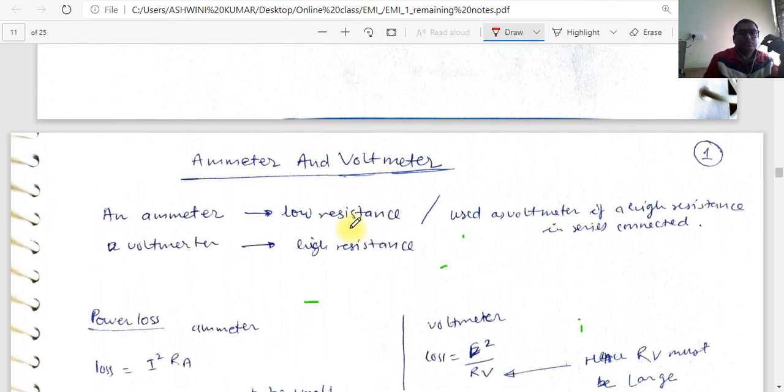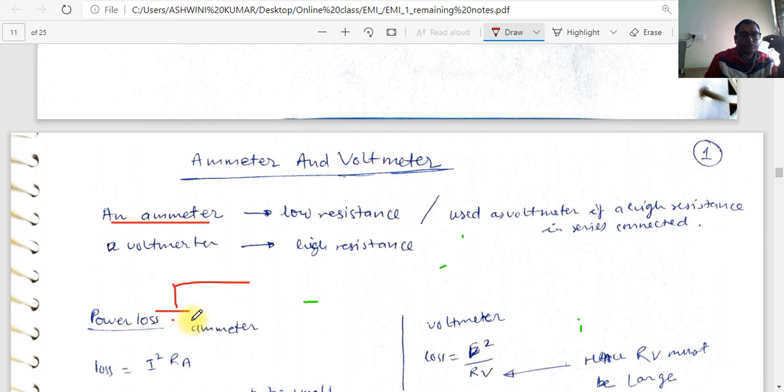Now we will discuss the ammeter and voltmeter. What is the ammeter? An ammeter has low resistance and is used for measuring the current. Suppose we take a connection like this.